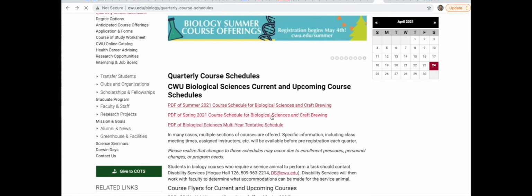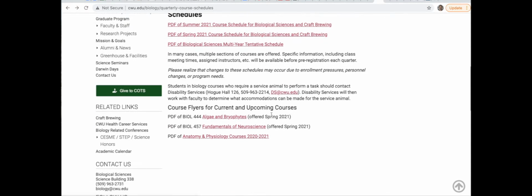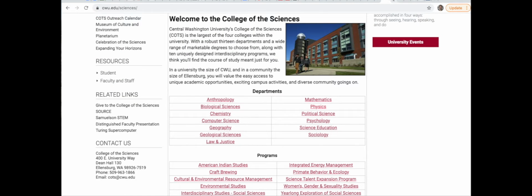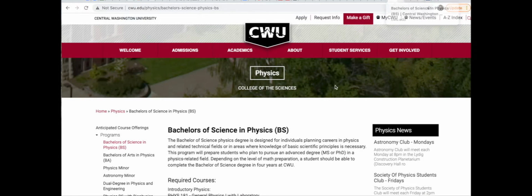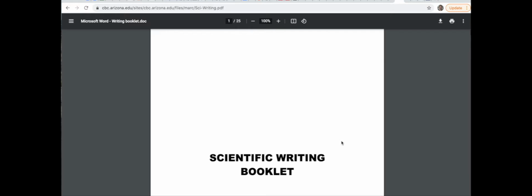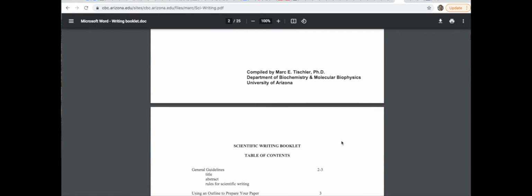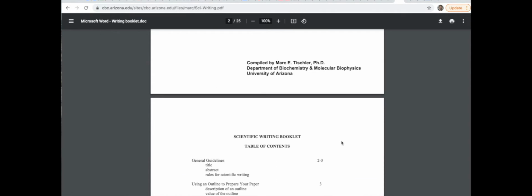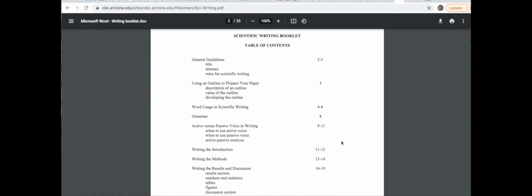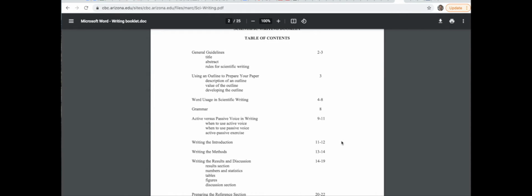If you're a chemist, what types of grants do chemists write, what types of reports, videos, presentations, graphs, charts, department websites, etc. Again, here are some more examples of how you can work through some of this primary research material. Here's another example of a scientific writing booklet from biochemistry at the University of Arizona.